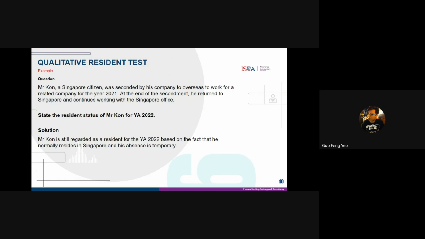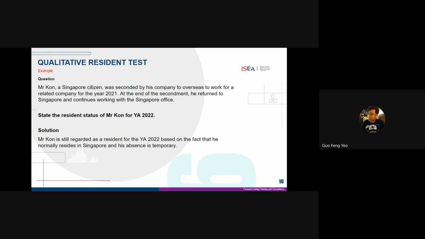As such, while we do not know how long he was seconded for and the number of days he was away from Singapore, under the qualitative resident test, we can come to a reasonable conclusion that his absence from Singapore is temporary for a justified reason, such as work, and he will be expected to return to Singapore. Therefore, overall, we can conclude that Mr. Korn will be treated as a Singapore tax resident for YA 2022.